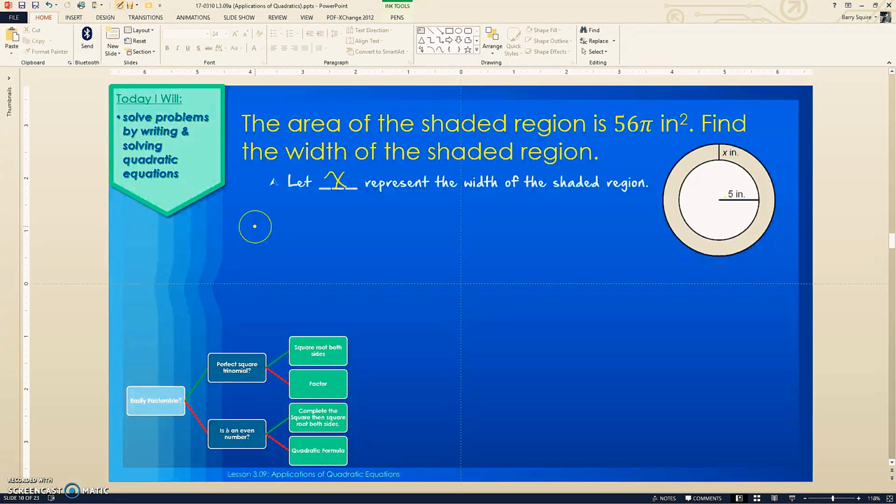The area of the large circle is going to be pi times the radius squared, 5 plus x squared. I probably should write that as x plus 5. And I probably will. Then we need to subtract out the area of the white circle that has a radius of 5. So the area of that is pi times 5 squared.